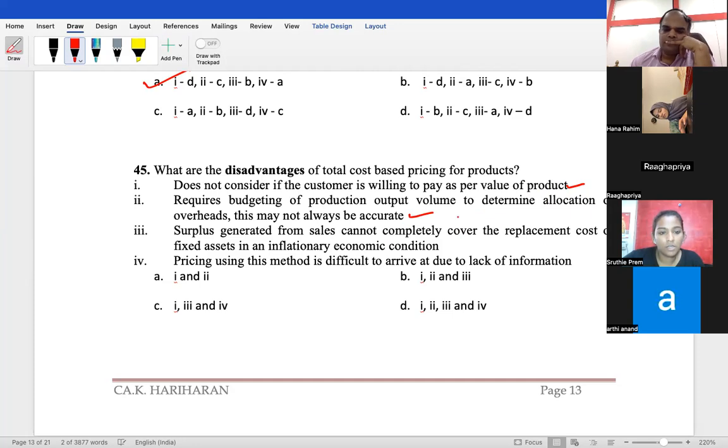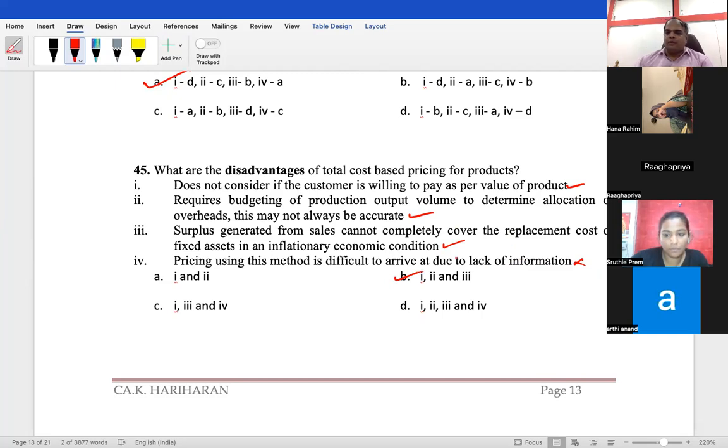Statement 3: surplus generated from sales cannot completely cover the replacement cost of the fixed assets in an inflationary economic condition. Okay. Statement 4: pricing using this method is difficult to arrive at due to lack of information. No, this may not be correct. So 1, 2, and 3 are the correct ones. Am I right? Because it is based on total cost, that is easy for us to identify. Therefore, what is the answer? Option B.